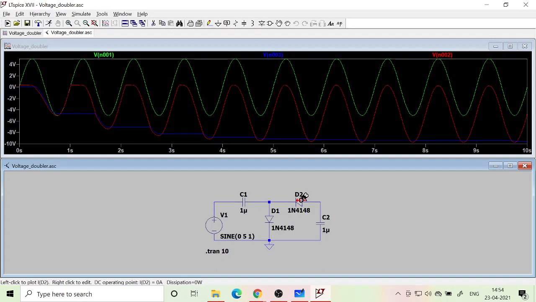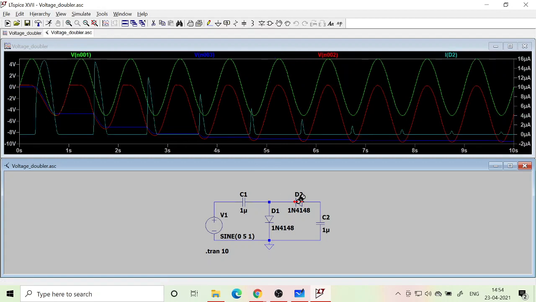And if you look at the current flowing through the diode, you will see that whenever it is forward biased, there is a small current, only during the forward bias. So see, this is the current waveform. The current is becoming smaller and smaller because the duration for which it is forward biased is very small.